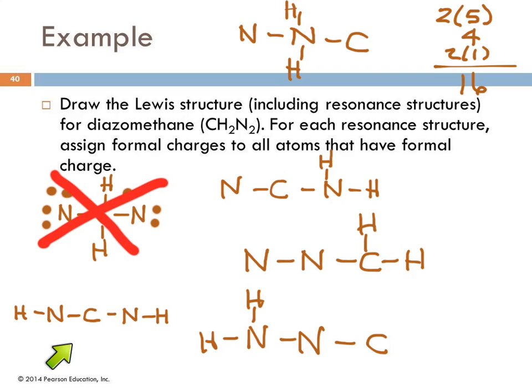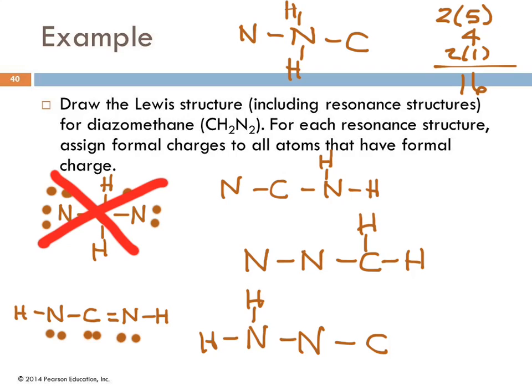Well, let's go to this guy down here. 2, 4, 6, 8, 10, 12, 14, 16. Okay, now we can do something with multiple bonds, right? So let's take those guys and put them in here.